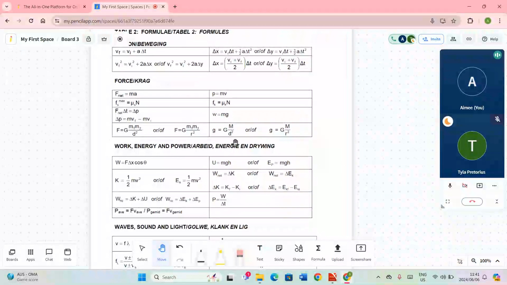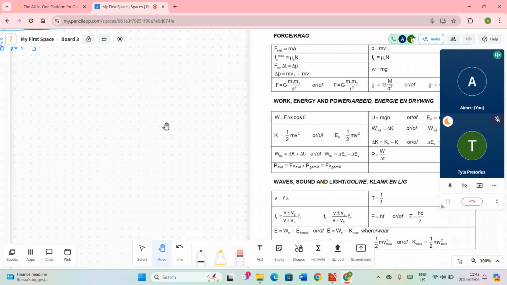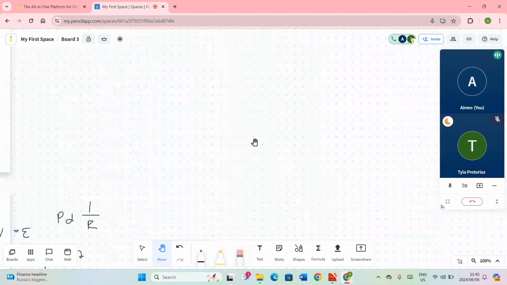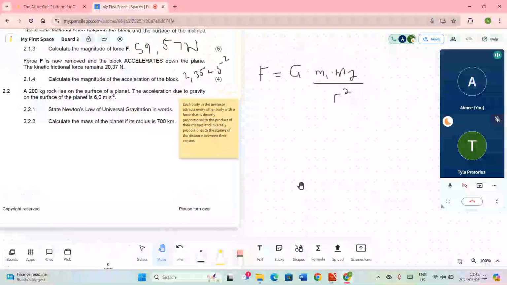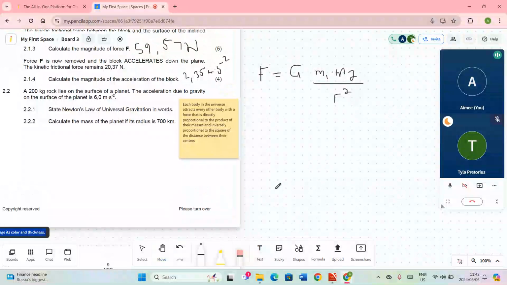And this is that formula. The gravitational acceleration of a planet is equal to our gravitational constant multiplied by its mass divided by d squared, or r squared, the distance between the centers. So that's probably a better formula to use here. You can use the other one, it's just a little bit more time consuming. So I'm going to use the second one that we discussed.